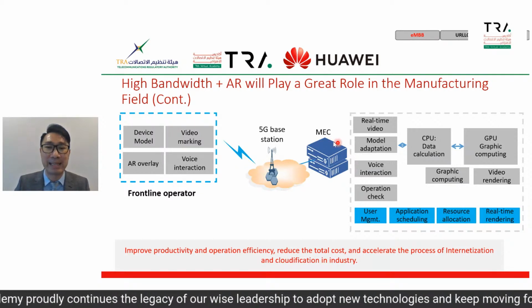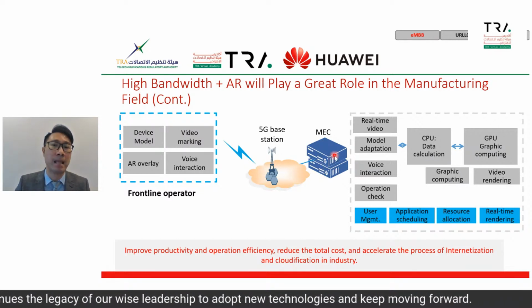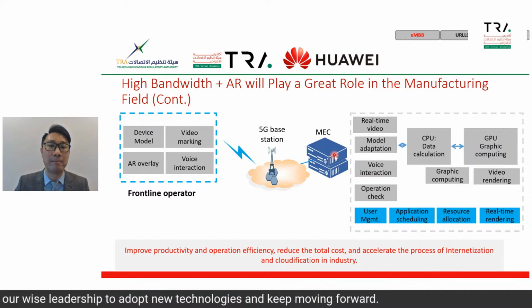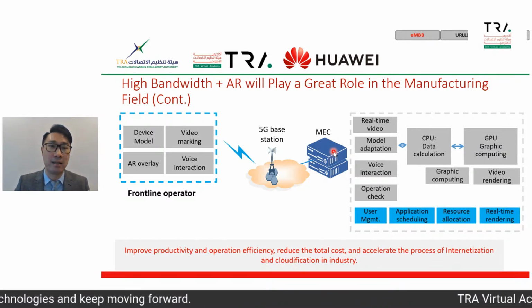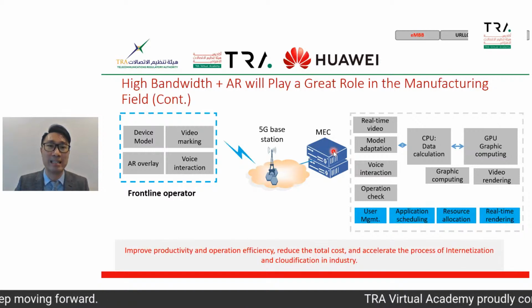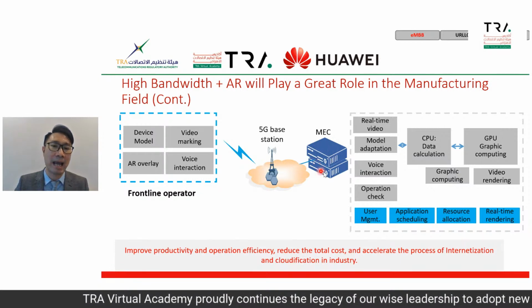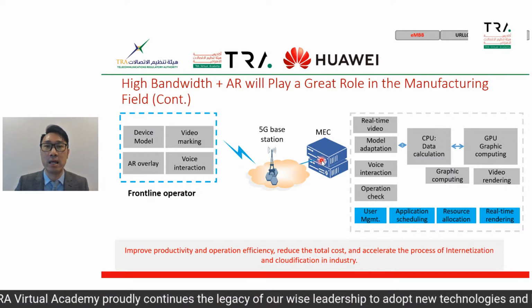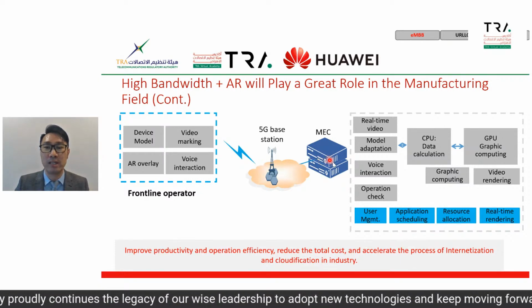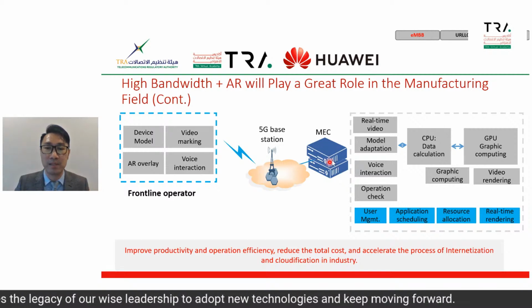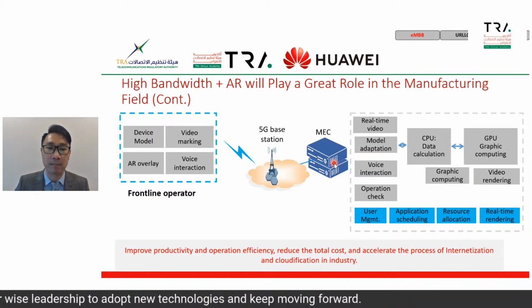Every piece of data will be processed here, and it can provide data storage in the local campus, so you can secure your data and protect data privacy. And also it can reduce the latency. So these are some MEC advantages.